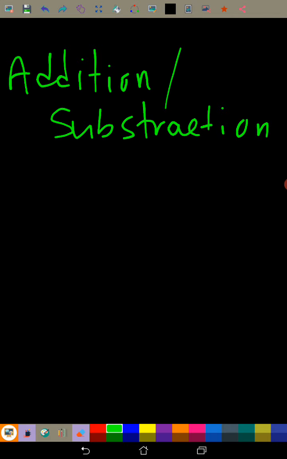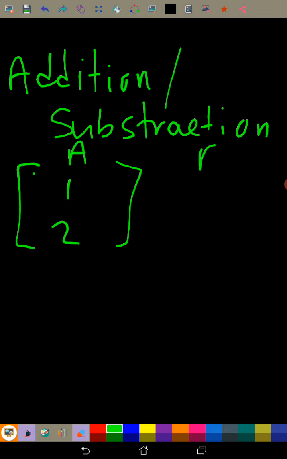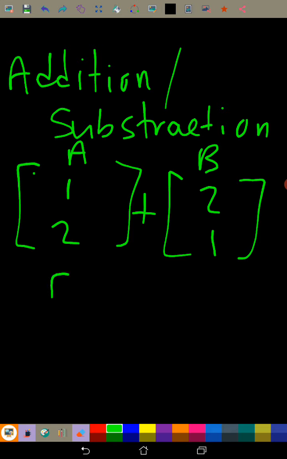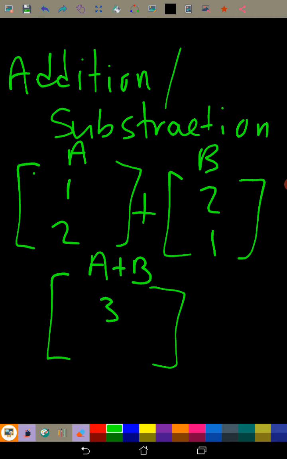So the matrices should be of the same size. For example, if we have A here, 1, 2, and B here, 2, 1, and we want to add them, normally the result of A plus B is going to be 1 plus 2, 3, 2 plus 1, 3.